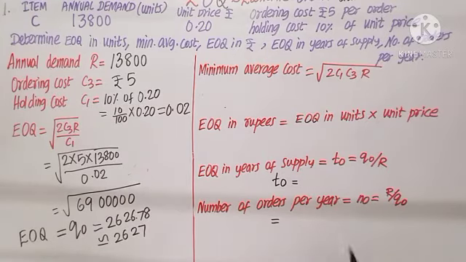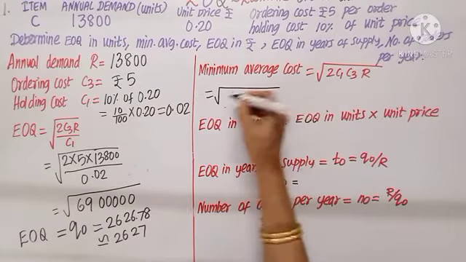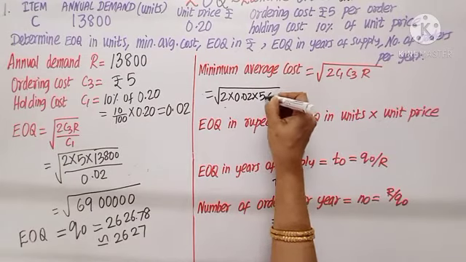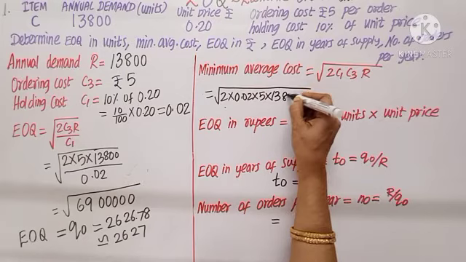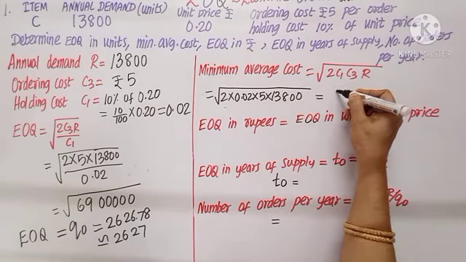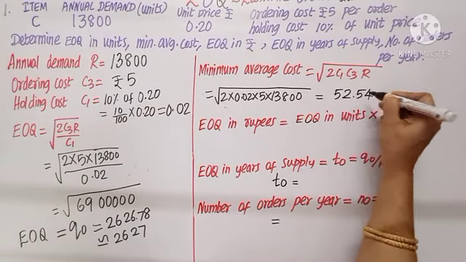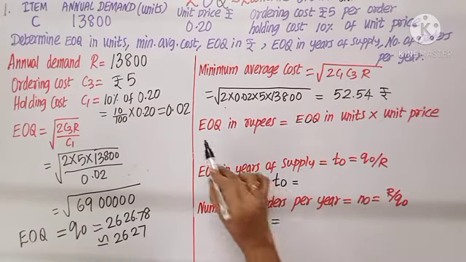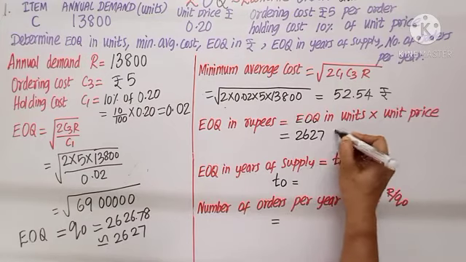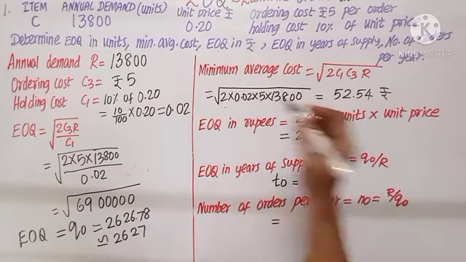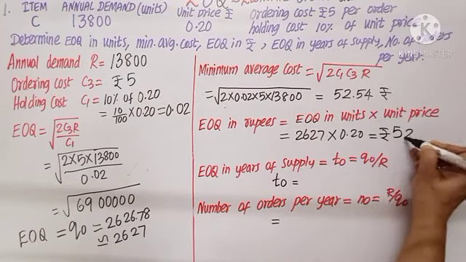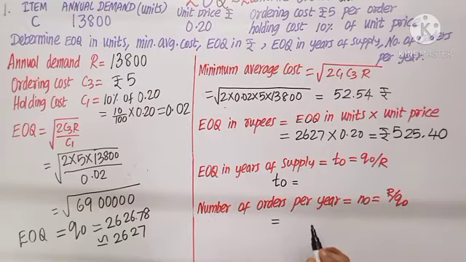approximating as 2627. Minimum average cost, square root of 2 into C1 is 0.02, C3 is 5 and R is 13,800. As we multiply and take square root, the answer is 52.54 rupees. EOQ in rupees, EOQ in units 2627 into unit price 0.20. As we multiply, it is rupees 525.40.